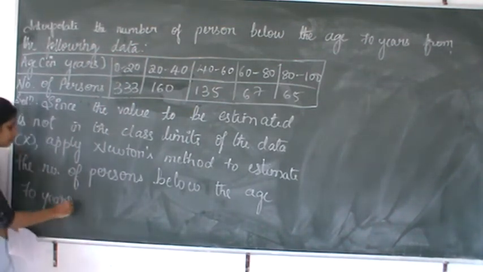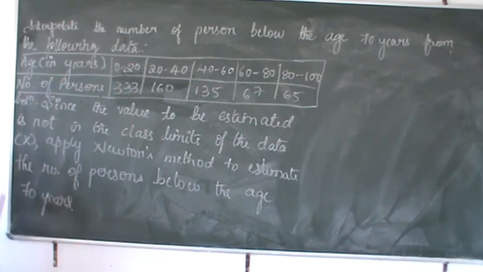So we are going to apply Newton's advancing difference method to find out the number of persons below age 70 years.